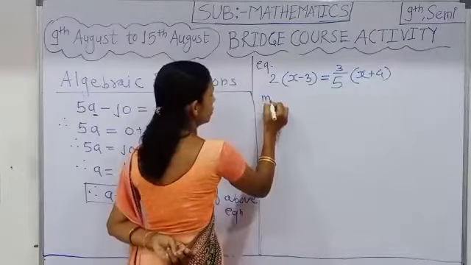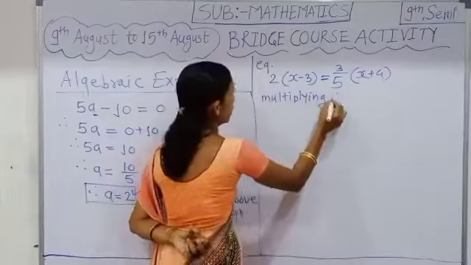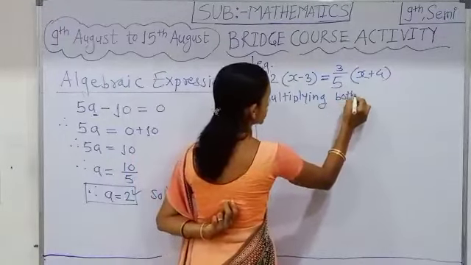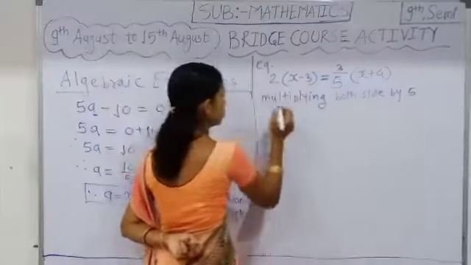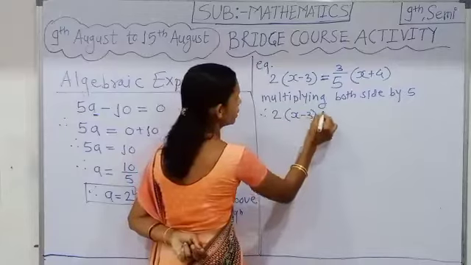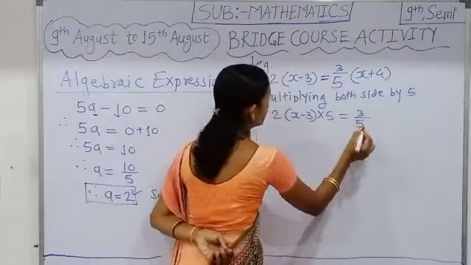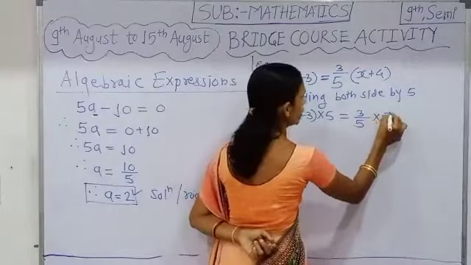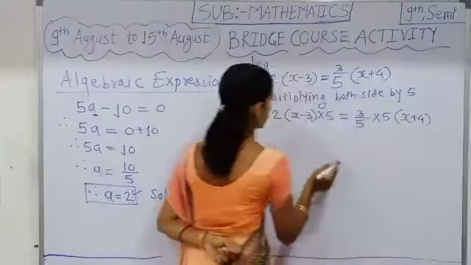That means multiplying both sides by 5. Therefore, here 2 into x minus 3 into 5 is equal to 3 upon 5 into 5 in bracket x plus 4.